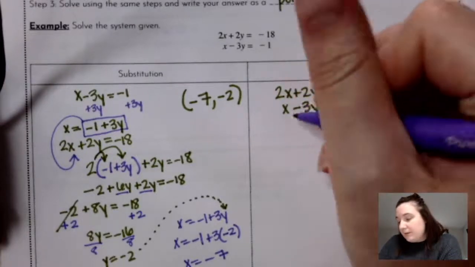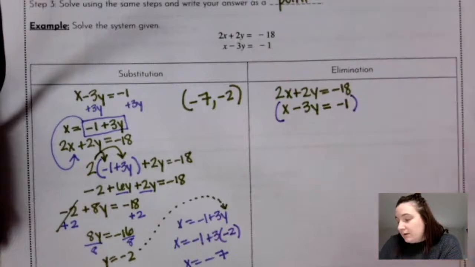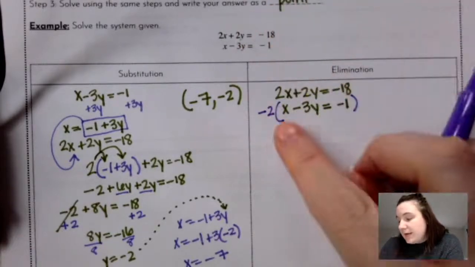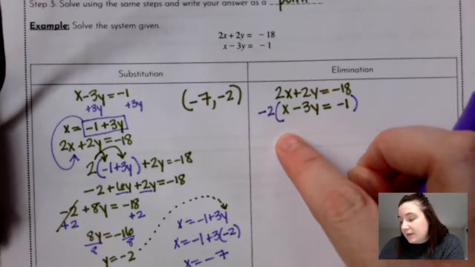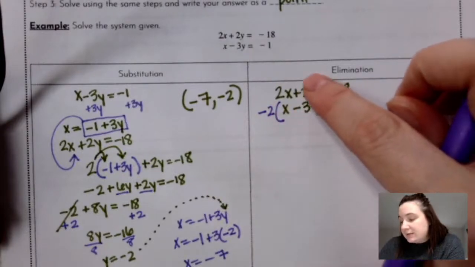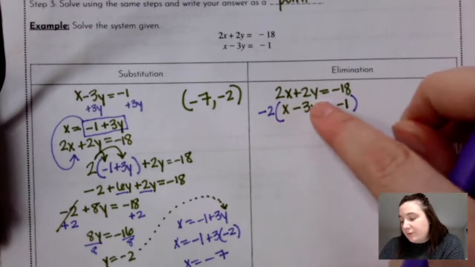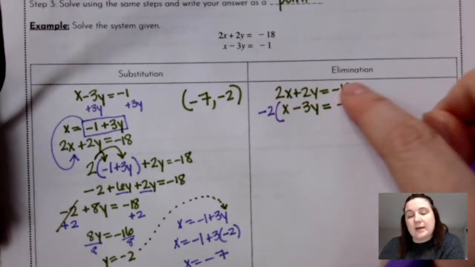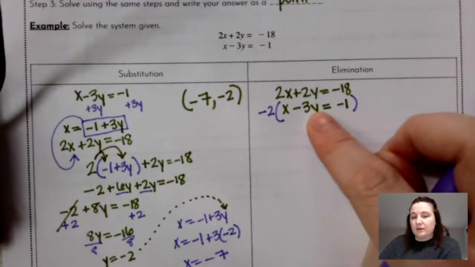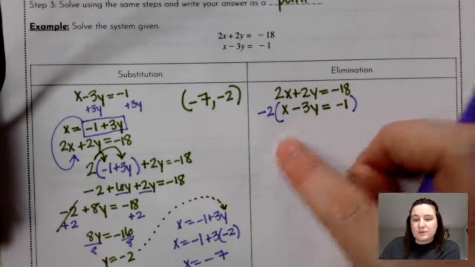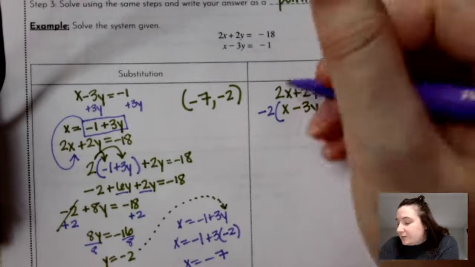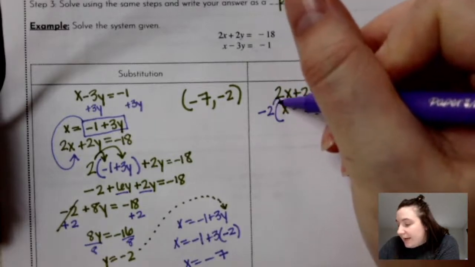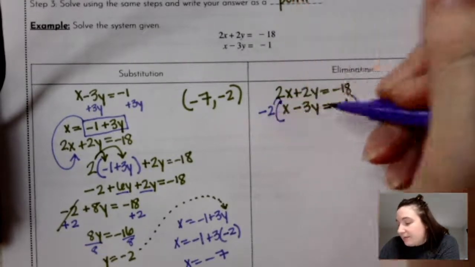So in this problem, it's easiest to multiply by negative 2 so that this becomes a negative 2 and these cancel. If you tried to get this 2 to become a negative 3, you would have to multiply by a decimal, which isn't very simple, so this is probably your best bet. And so you're just going to multiply every single piece by the value you want.